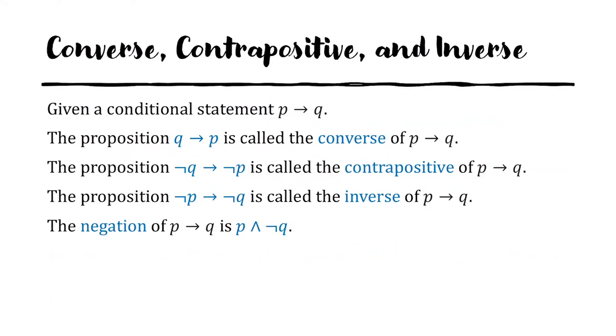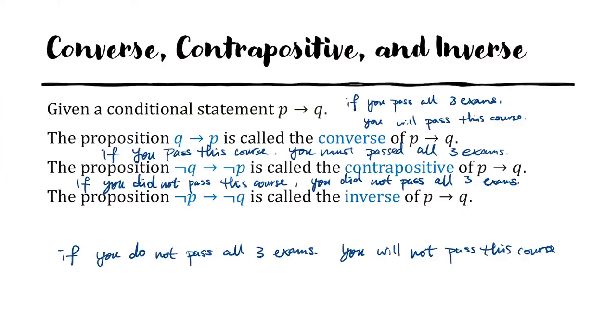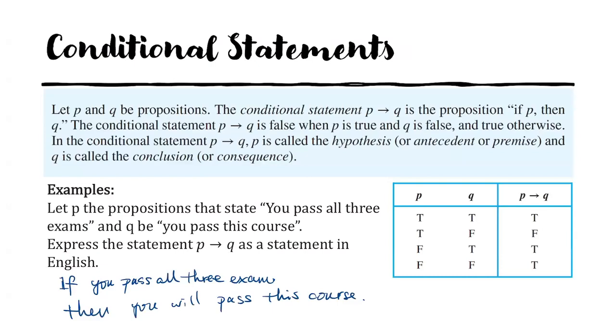So if you're trying to negate P implies Q, let me get the truth table from here.